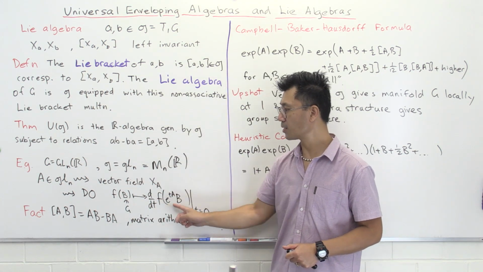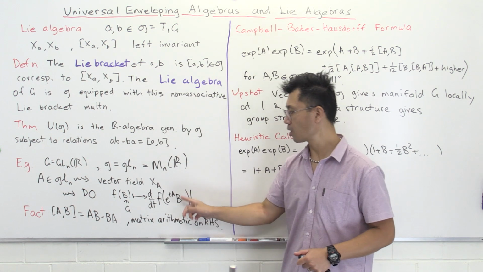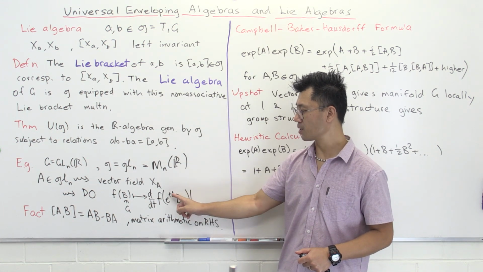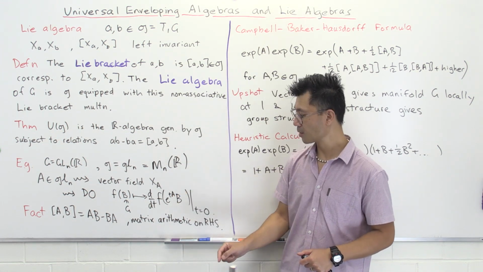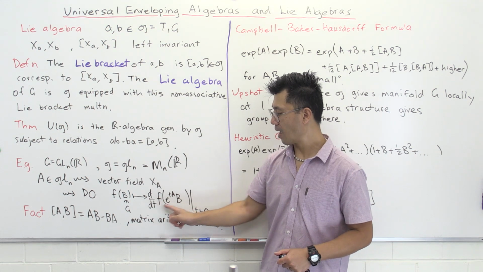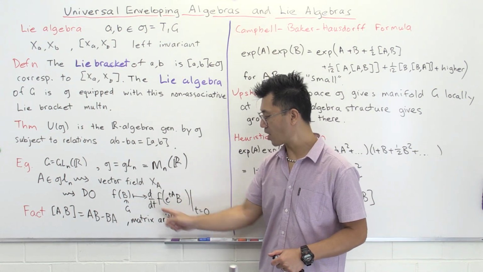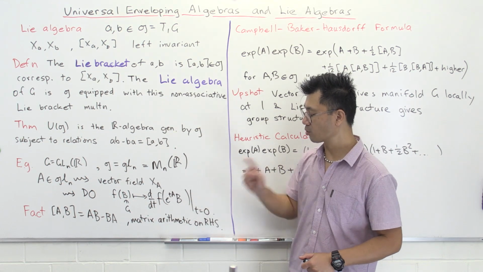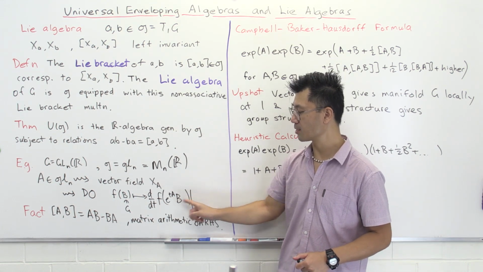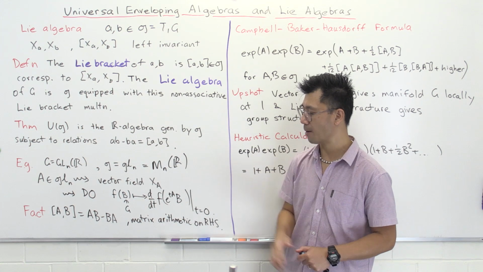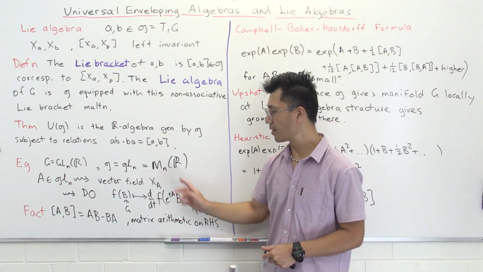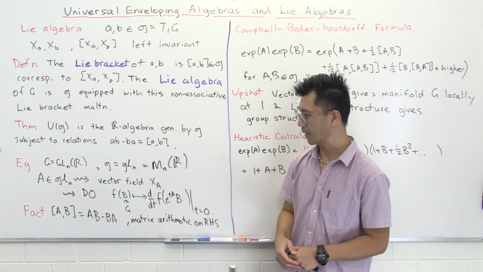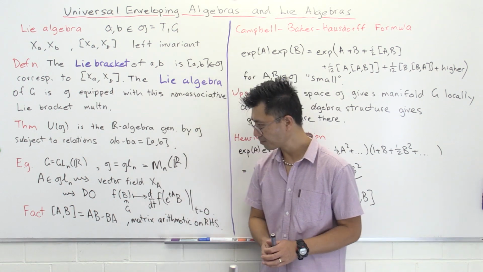Well, you can hit this group element with e to the tA, where t is just a real parameter. You evaluate the function here, and you differentiate as you vary t with respect to t, and you look at the value when t equals 0. Because when t equals 0, this is the identity, so it corresponds to just B. Okay, and that gives you a new function. That's the differential operator.